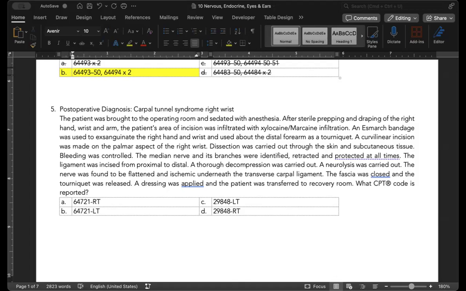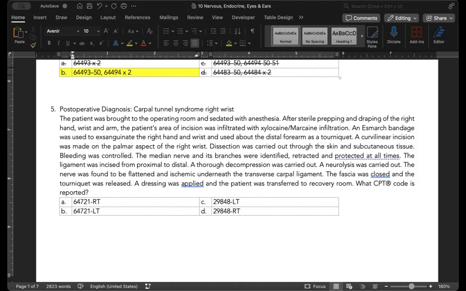Dissection was carried out through the skin and subcutaneous tissue. Bleeding was controlled. The median nerve and its branches were identified, retracted, and protected at all times. The ligament was incised from proximal to distal. A thorough decompression was carried out, and then a neurolysis was carried out. The nerve was found to be flattened and ischemic underneath the transverse carpal ligament, and the fascia was closed and the tourniquet was released. A dressing was applied and the patient was transferred to the recovery room.